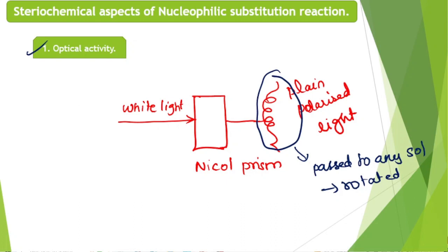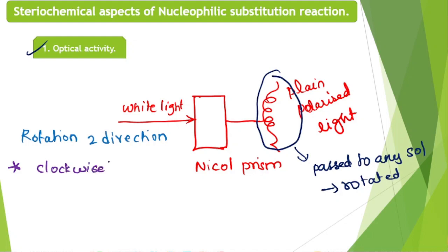So now we talk about the rotation. Rotation can take place in two directions. Okay. So listen carefully, if the rotation is taking place in a clockwise direction, it is known as dextrorotatory isomer.